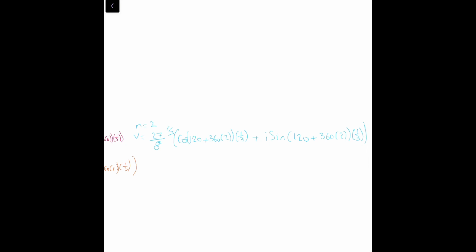Again, in my calculator, v equals 3 over 2 again. In there goes 360 times 2 plus 120 divided by 3, and it's cos 280 plus i sine 280. And there's my final answer.